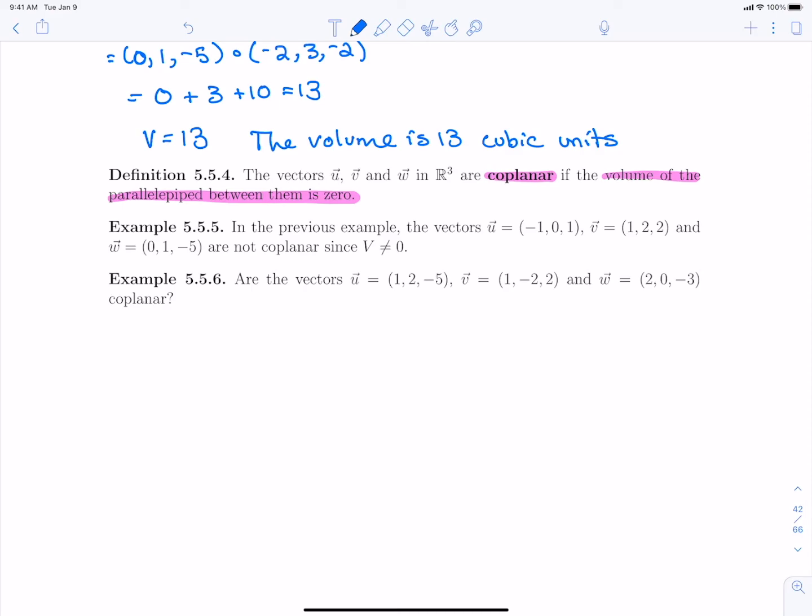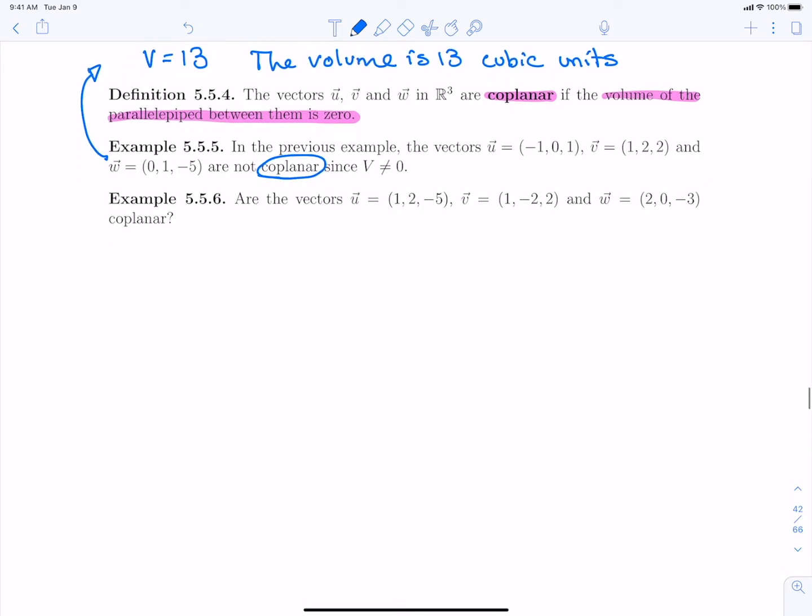So for example, in our previous example up here, we found that the volume equaled 13. So they're not coplanar. And by coplanar, I mean falling on the same plane or lying on the same piece of paper. If they're lying on the same piece of paper, then I'm not going to be getting volume there. All right? Let's determine if these vectors are coplanar.